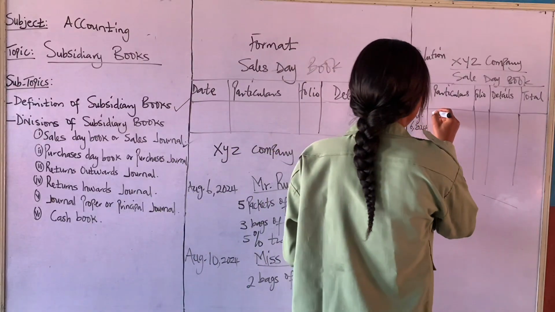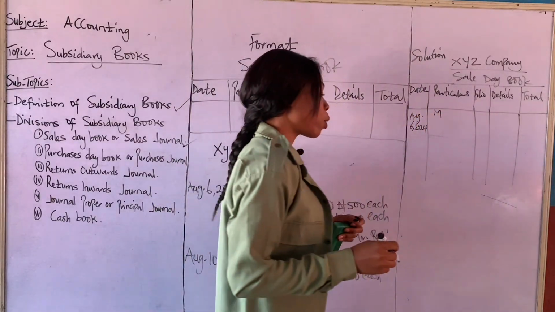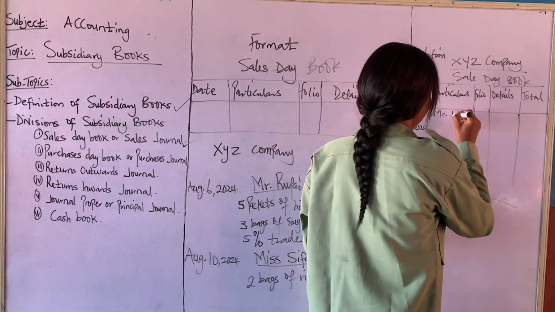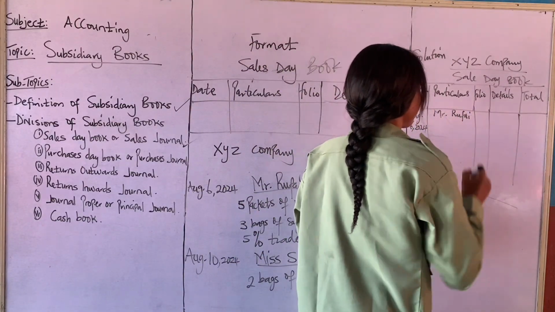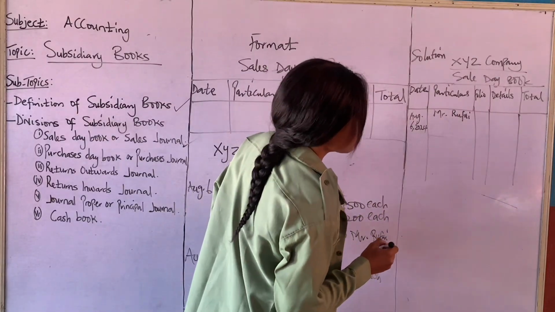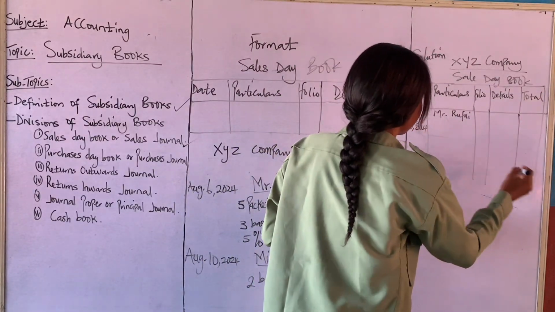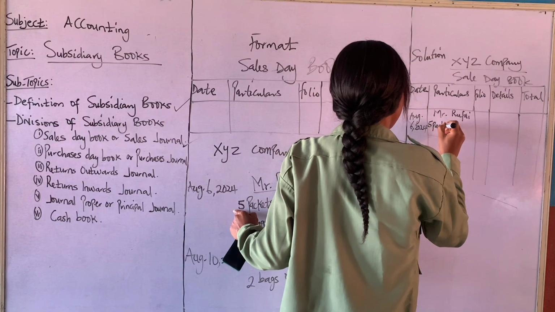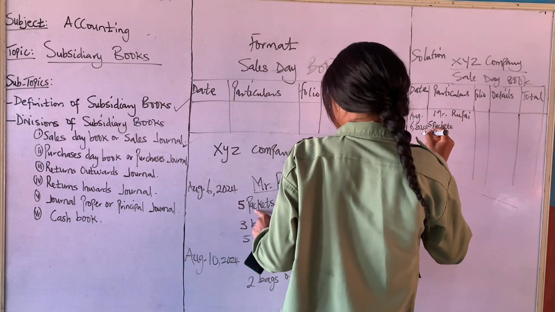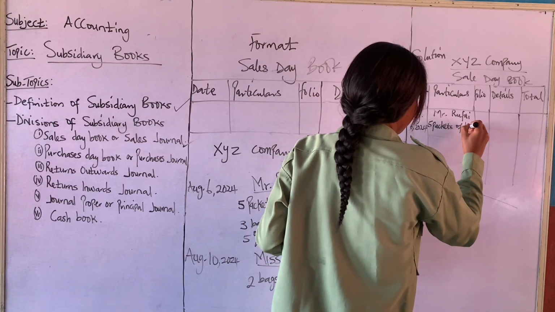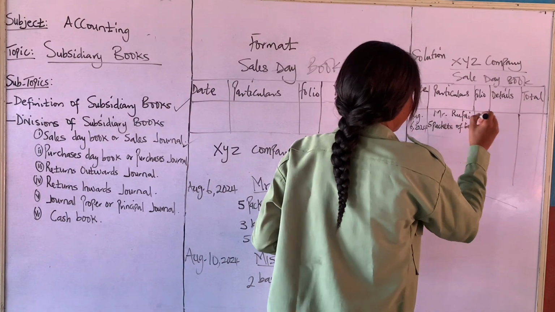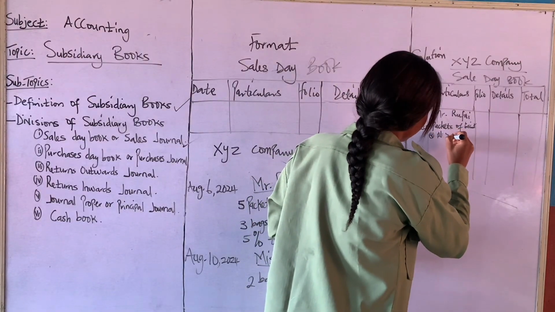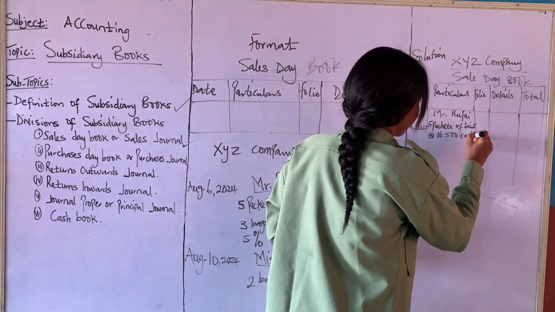It's very important to include the customer's name, and that is Mr. Rufai. Narrate what happened. He purchased 5 packets of biscuit at the rate of 500 naira each.